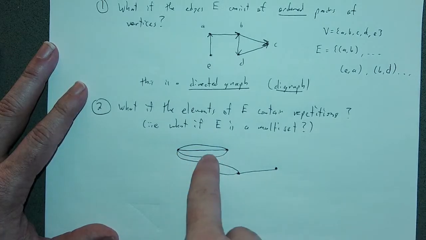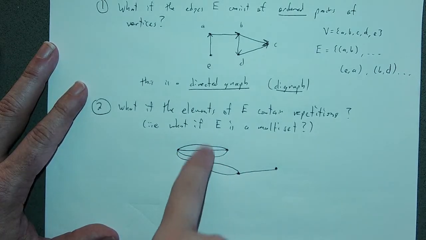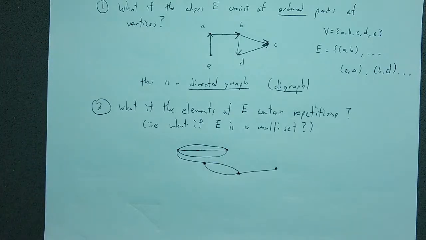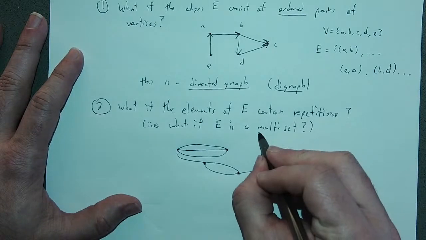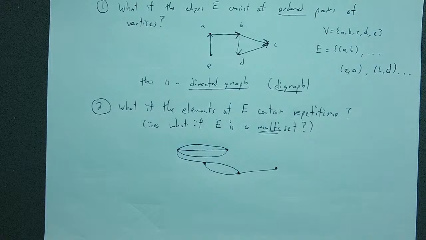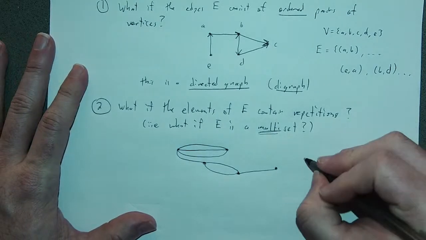Between these two vertices, there's an edge repeating 3 times. Between these two vertices, there's an edge repeating twice. What is that? Not being too creative with the name, this is a multigraph.